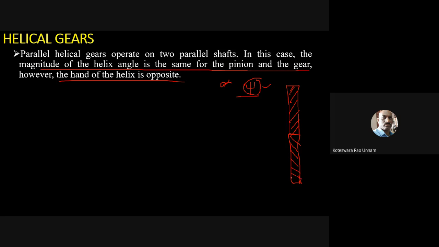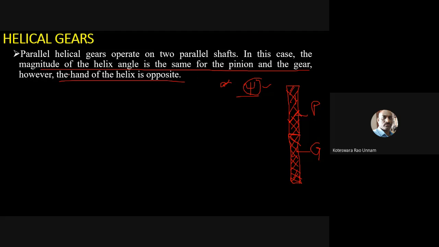Then only the meshing is possible. Or the opposite, let us say I take this one as pinion and this one as gear. If the pinion has right hand, the gear should have left hand, or vice versa, meaning if the pinion has a left hand, then the gear should have a right hand helix, something like this. That is the condition to mesh one helical gear with another helical gear.